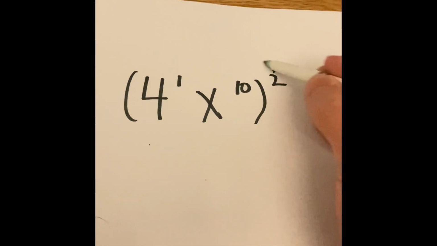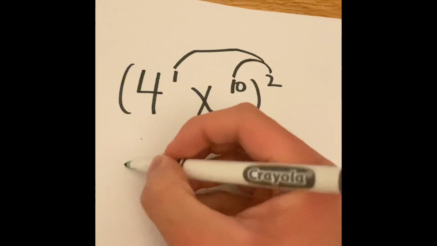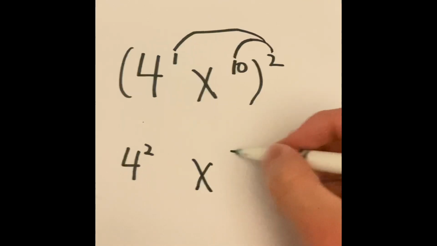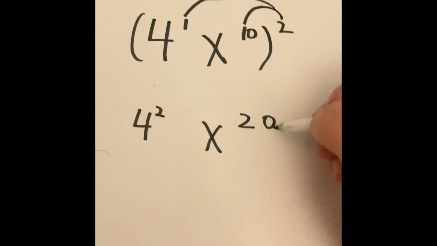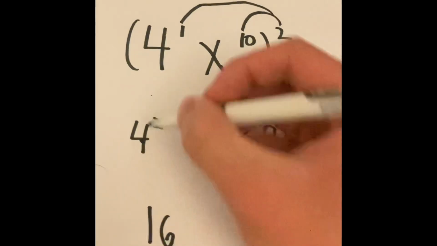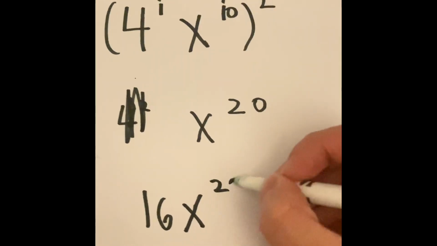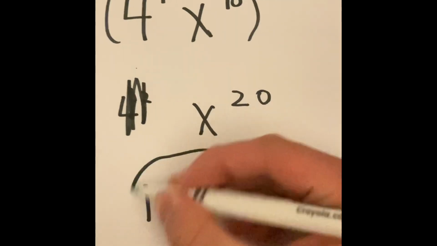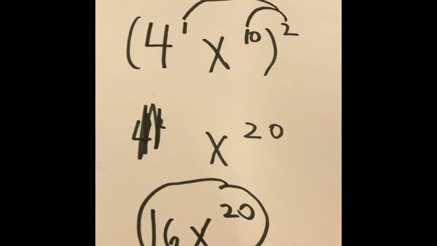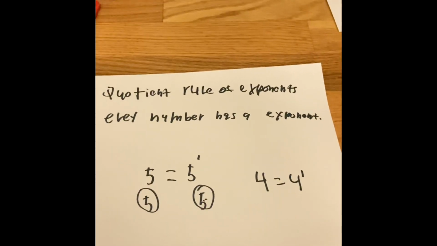We get 4 squared, and we also have x to the 20th power. So 4 times 4 is 16. No more exponents. So 16x to the power of 20. That is our simplest form and our final answer. And those are scenarios for why every number has to have an exponent.